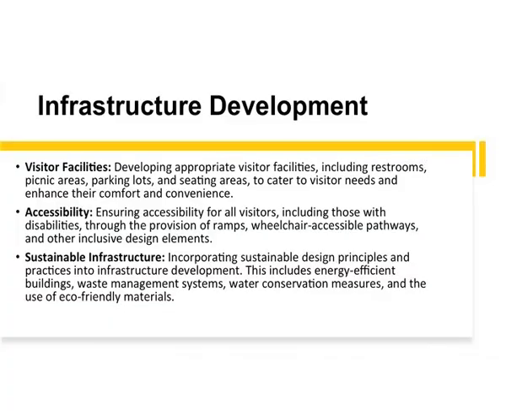Also, sustainable infrastructure talks about incorporating sustainable design principles and practices into infrastructural developments. This includes energy efficient or eco-friendly designs such as waste management systems, water conservation measures and the use of eco-friendly materials. This is also very important: how to manage traffic and transportation.